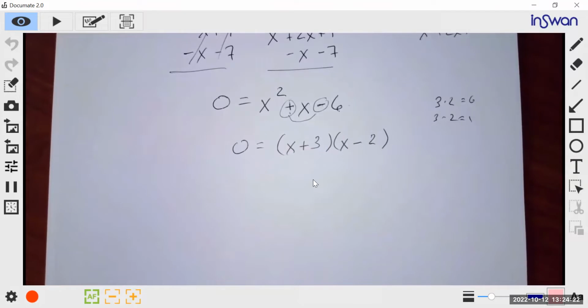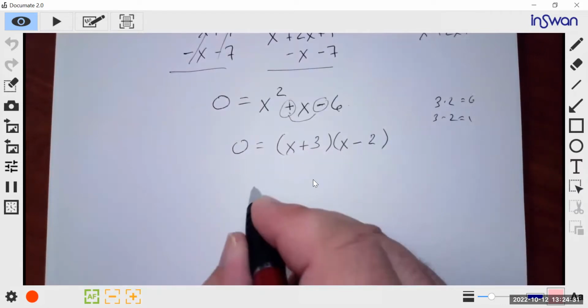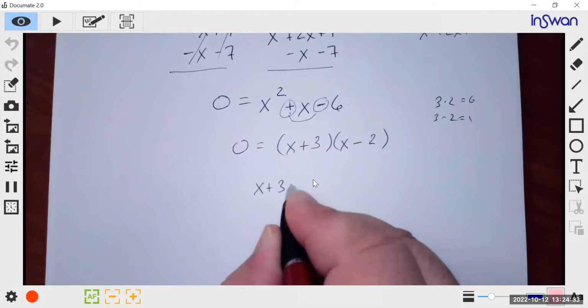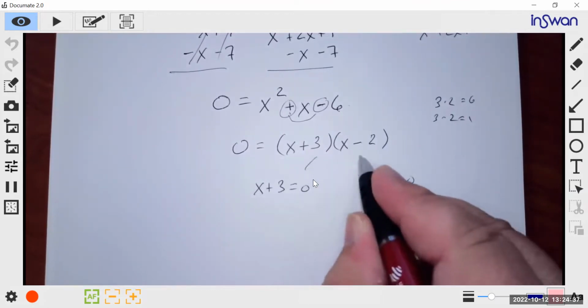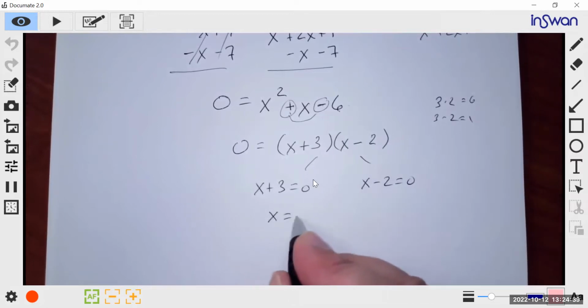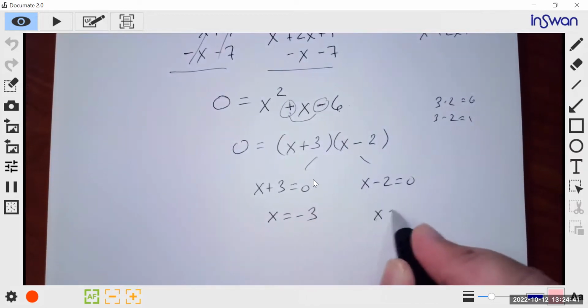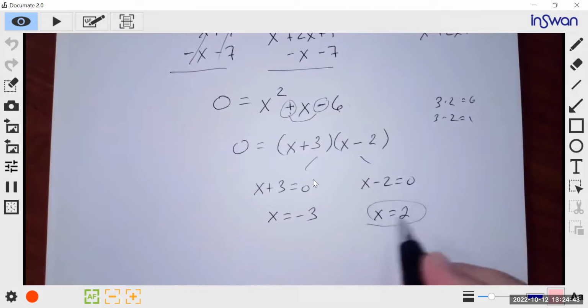And what do you do from there? We set them both equal to 0. So it's going to be x equals negative 3 and x equals 2.